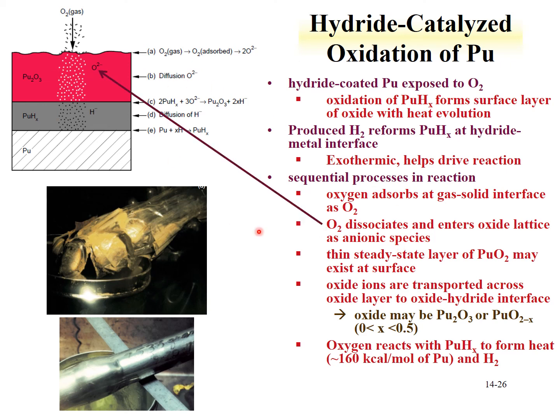So as this oxide enters the lattice, we definitely form some oxidation. This migrates down to the hydride lattice area, where we get the formation of the oxide. And the reaction is exothermic, forms the dihydrogen, and that forms the plutonium hydride. So we see that the surface is where the reaction occurs, but we get a migration of both the oxide and the hydride through the plutonium metal.